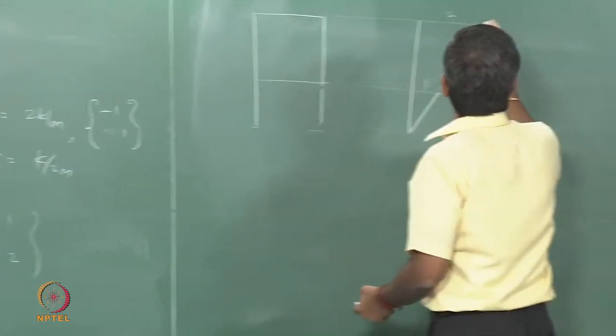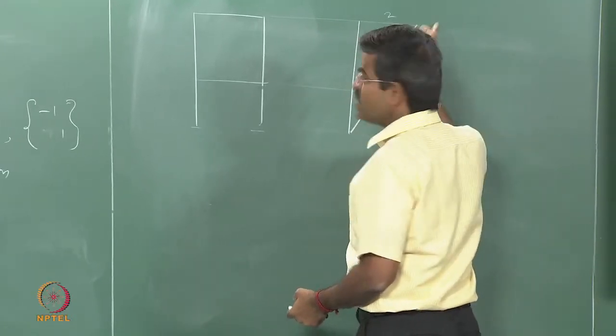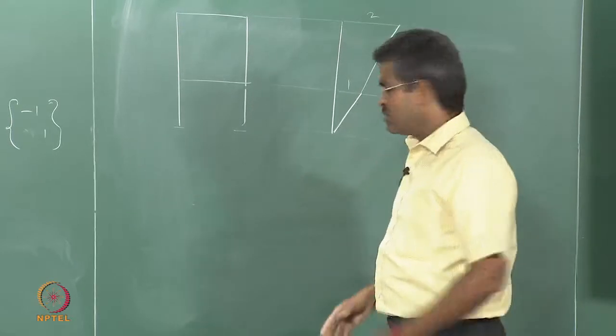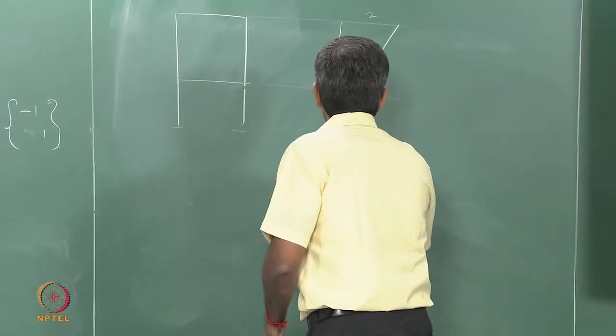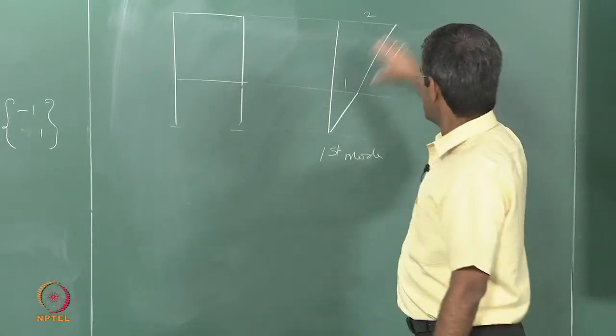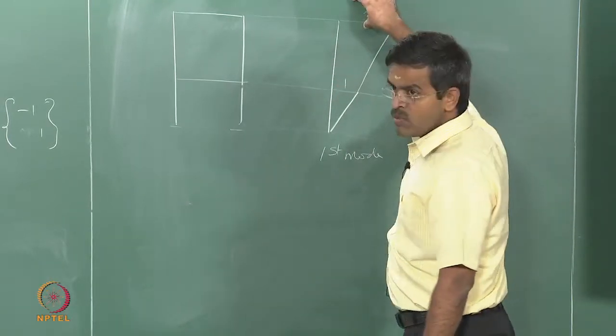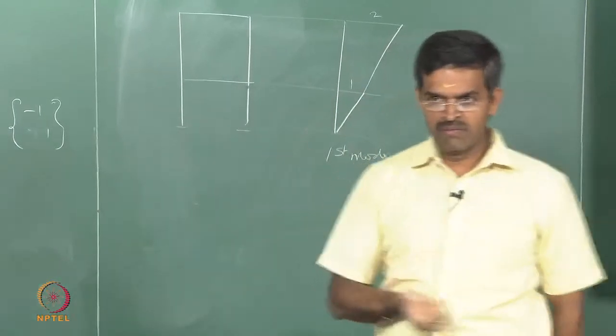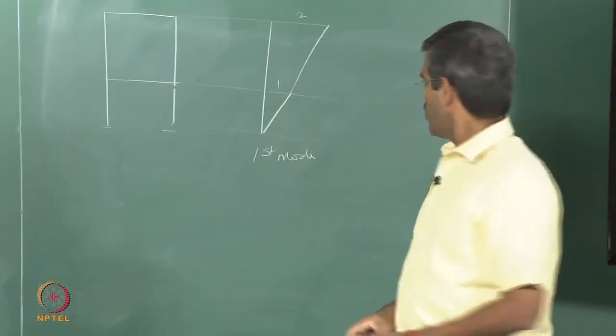So, the deflected shape of the mass does not cross equilibrium at any stage. This is called the first mode. On the other hand, as a thumb rule, first mode will have all positive or all negative displacements. There should be no crossing. Now, plot the second one.